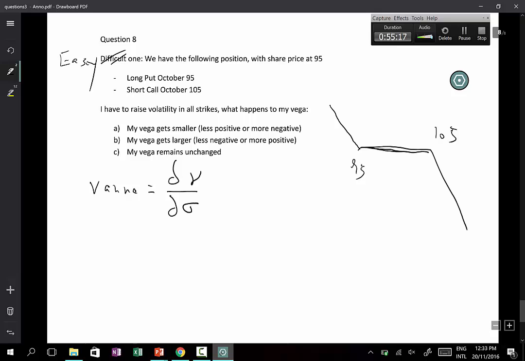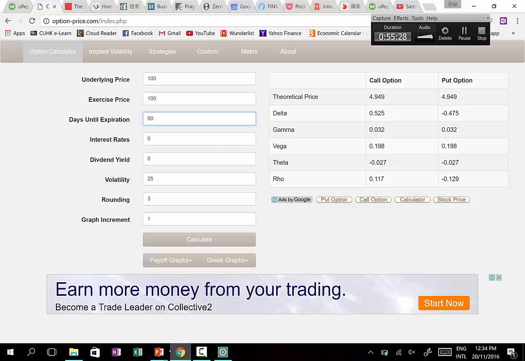What is going on here? This is saying what happens to my vega when volatility itself changes. In other words, let me show you. Now, you see, when you are pricing the calls and the put options here, there's a vega here, right? 0.198. You can see that.